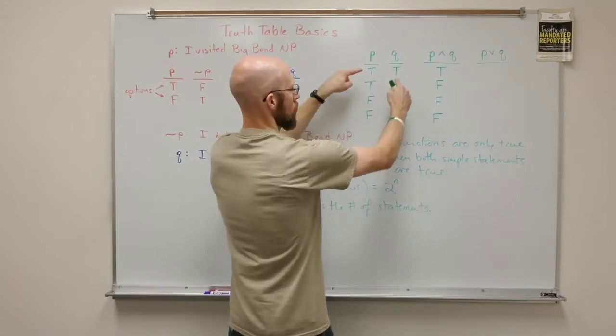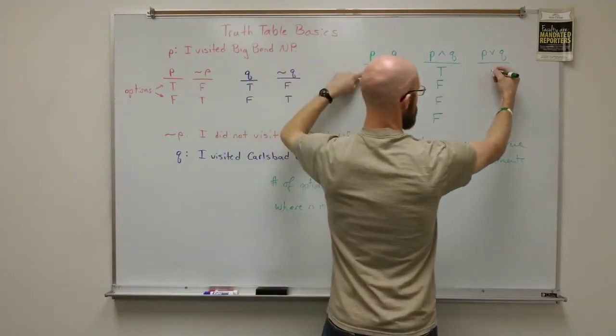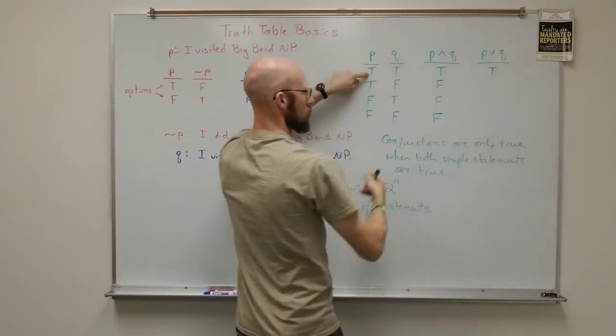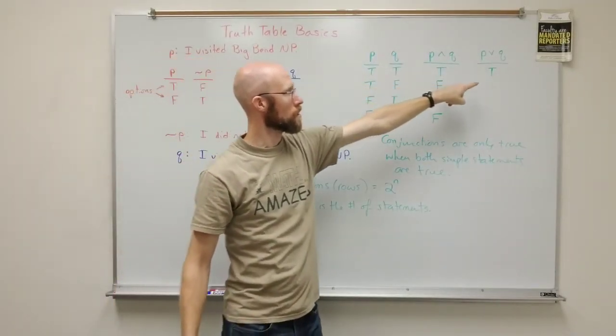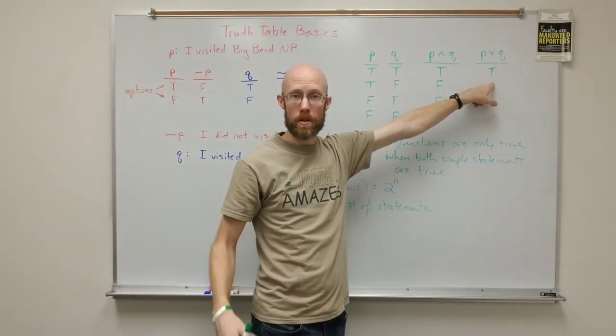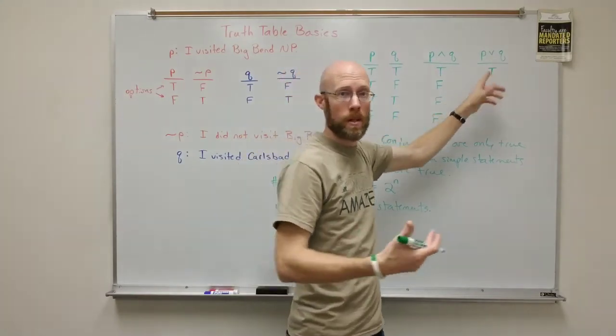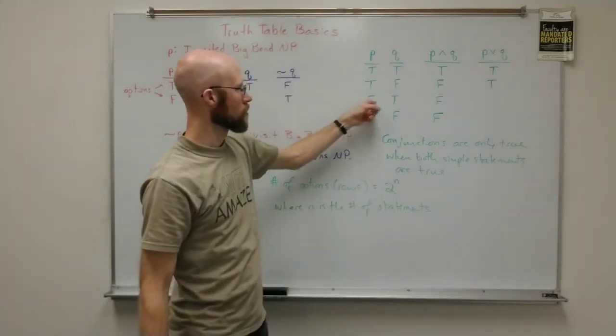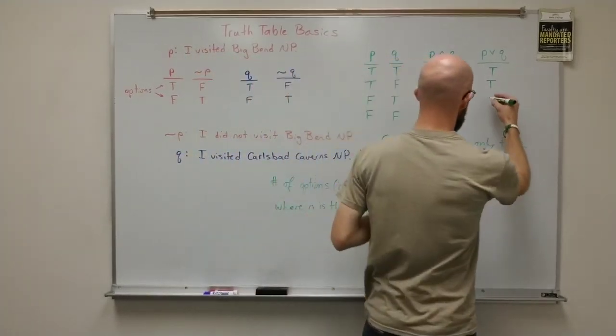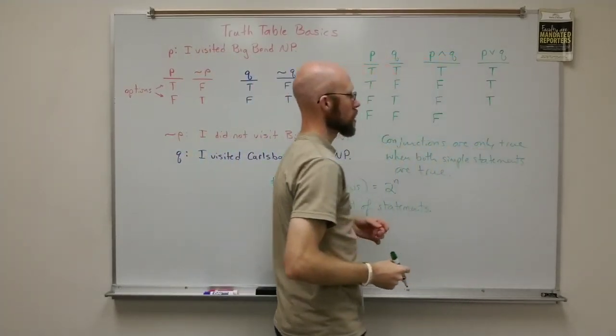So, if P and Q are both true, then the disjunction is true. If one of them is true, then the disjunction is still true, right? I've visited one or the other. If one is true, then the whole statement is true. If P is false and Q is true, again, likewise, the OR statement is still true.